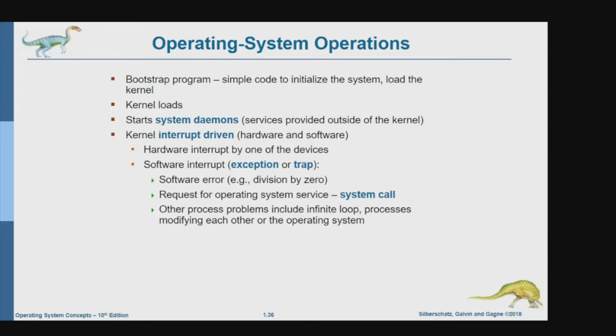If we talk about the hardware interrupt, it refers to the devices themselves. So software interrupt refers to the software error. Let's say you have a number and you try to divide that number by 0, it will interrupt your software application. And requests for operating system services are known as the system call.